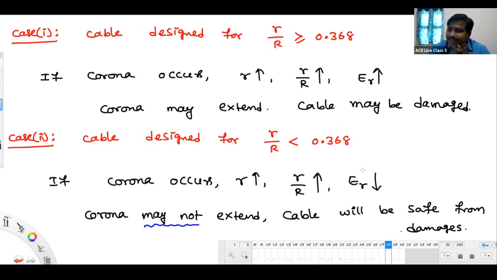The next second, the field intensity you get on the surface of the corona may not be lower than the dielectric strength; it may be higher than that also. That corona may extend, right? So in that view, I am saying it may not extend. Getting this?